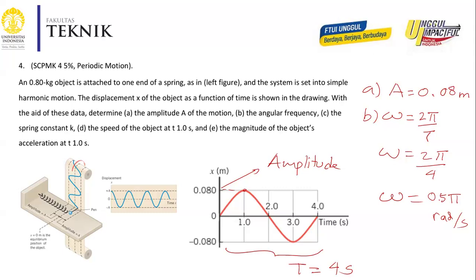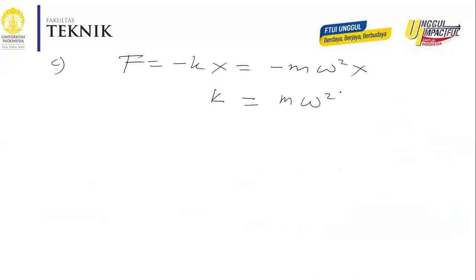And then what is the spring constant K? For problem C, we can use the relation F is minus Kx, which is equal to minus m omega square x. So the spring constant is equal to mass times omega square.